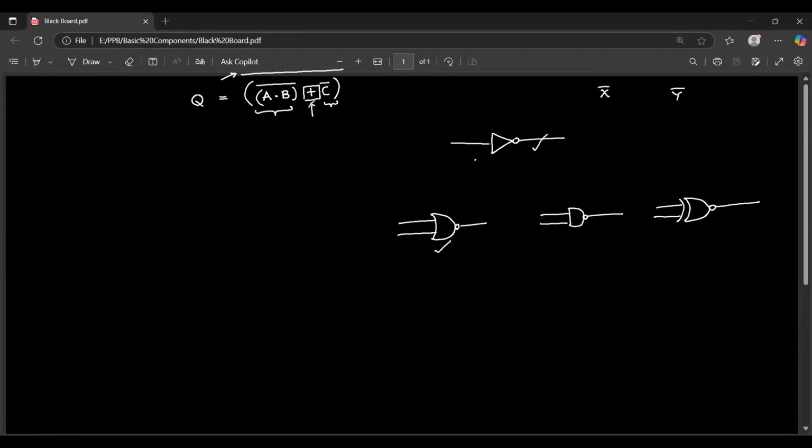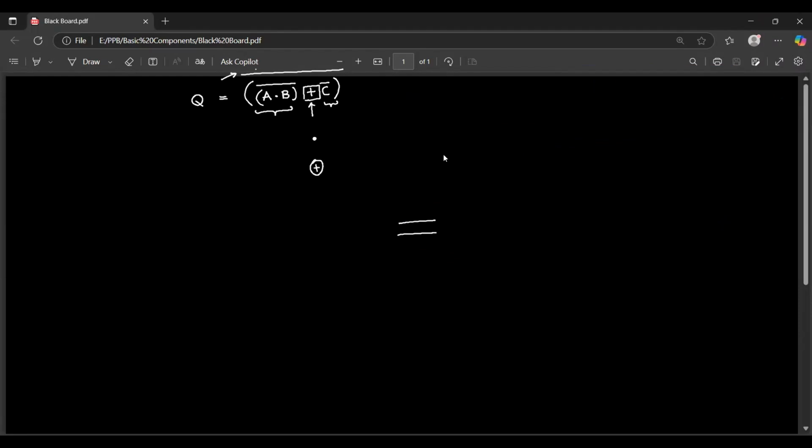If you had a dot instead of plus, that means it's a NAND gate. And if you had an XOR symbol, then it will be an XNOR gate. Why? Because it is covered with a whole thing bar. Please keep them in mind because this is very important when you're drawing circuits. You should be able to visualize what's going on.